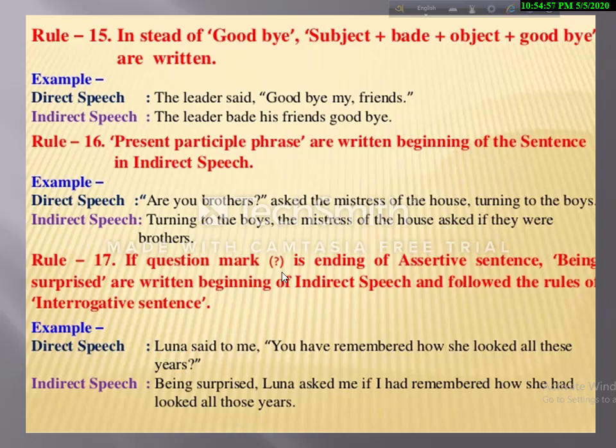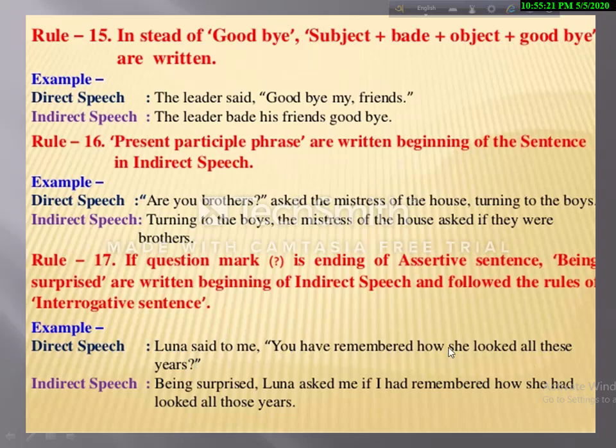No. Actually, in order to express our surprise, we may write in this way. So being surprised, we will write for this one. Suppose Luna said to me, you have remembered how she looked all these years?